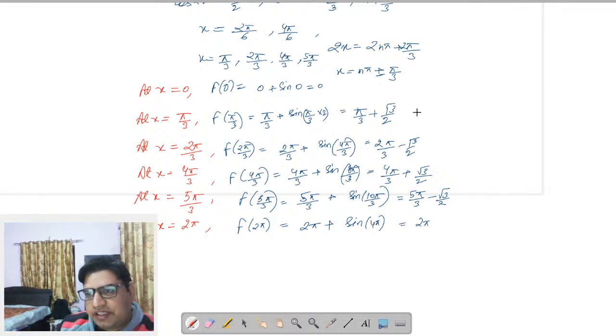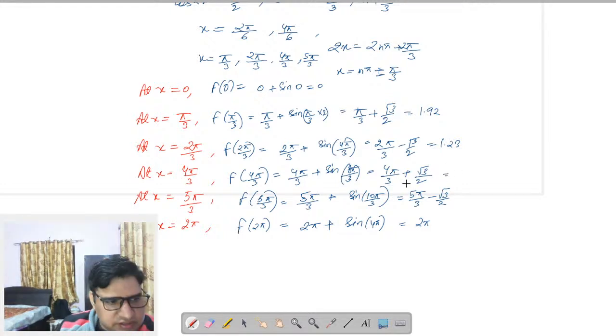Okay, and if we try to calculate these values, at x equal to π/3, that is 1.92 approximate, and this is approximate 1.23, this is approximate at 4π/3 is 5.07, and at x equal to 4π/3, that is 4.38, and at x equal to 0 or 2π, that is 0.